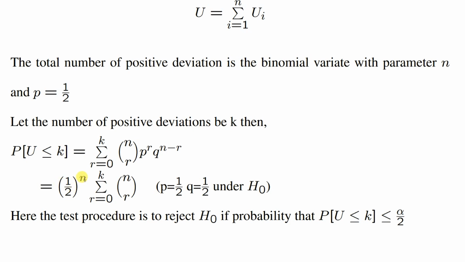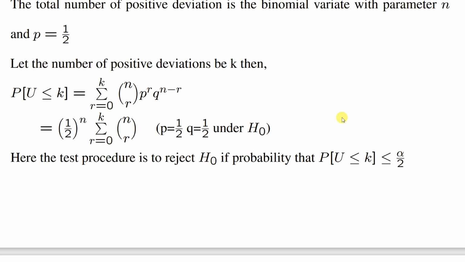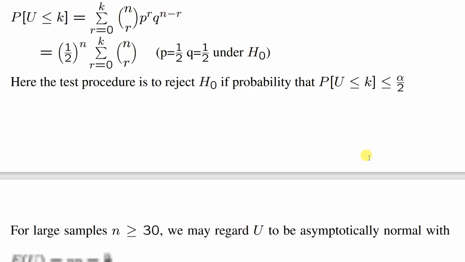So this equals (1/2)^n times the sum over r = 0 to k of nCr, with p = half and q = half under H0. Here the test procedure is to reject H0 if the probability of u less than or equal to k is less than or equal to alpha by 2.